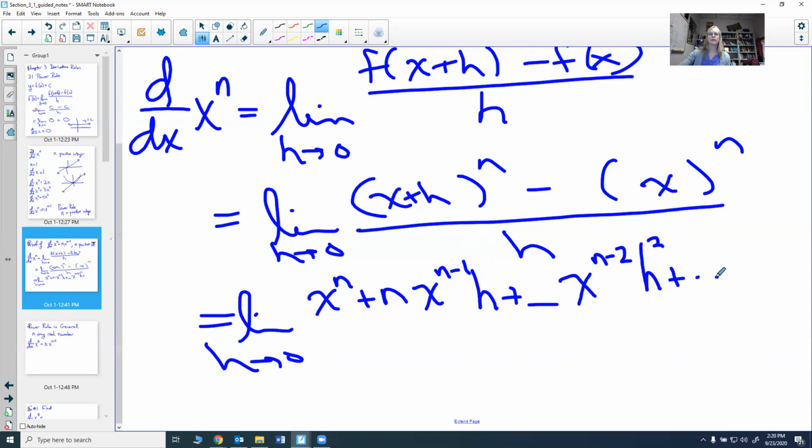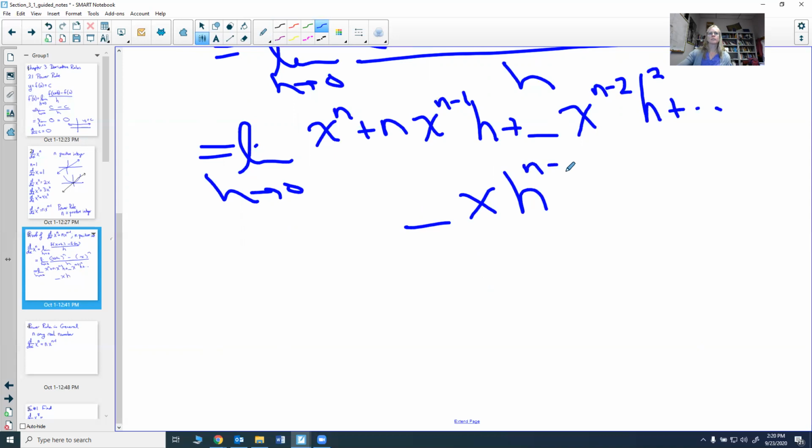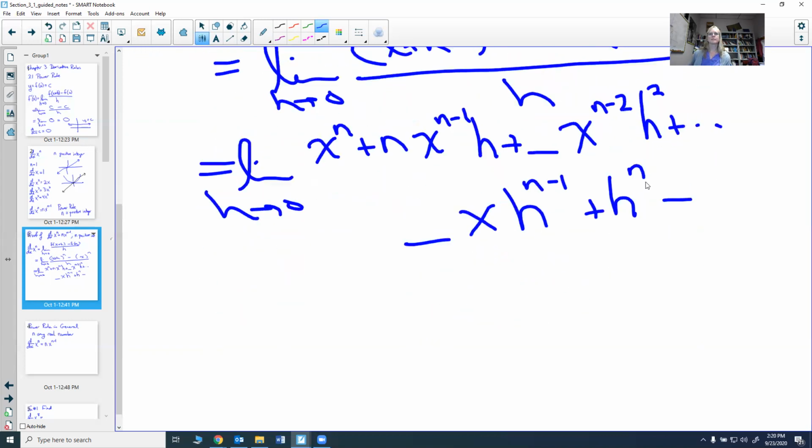And it'll keep this pattern going until we get to where there's going to be something times x and then h to the n minus 1 plus, where the x is now gone, and it'll just be h to the n. And then minus x to the n.